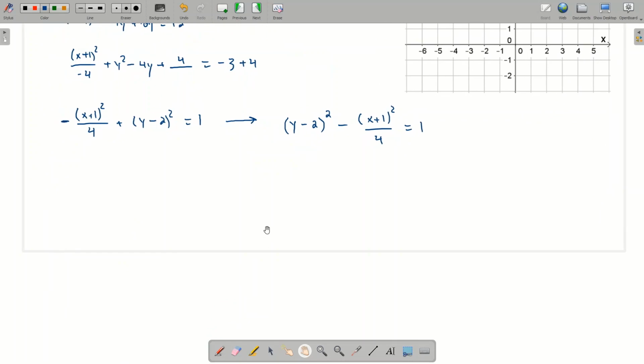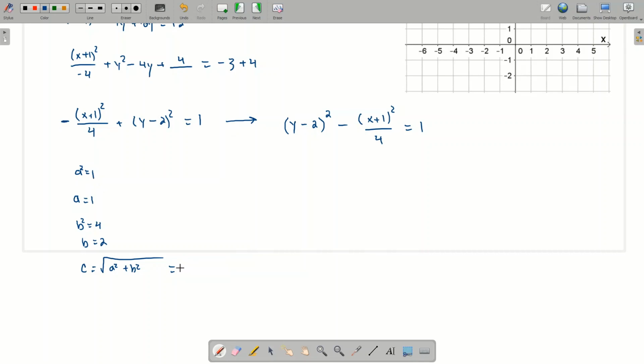Okay, so what can we tell from this? Well, we know that a squared, which is what's under this, is 1. So that means a is 1. b squared is 4, which means b is 2. And c is equal to the square root of a squared plus b squared.